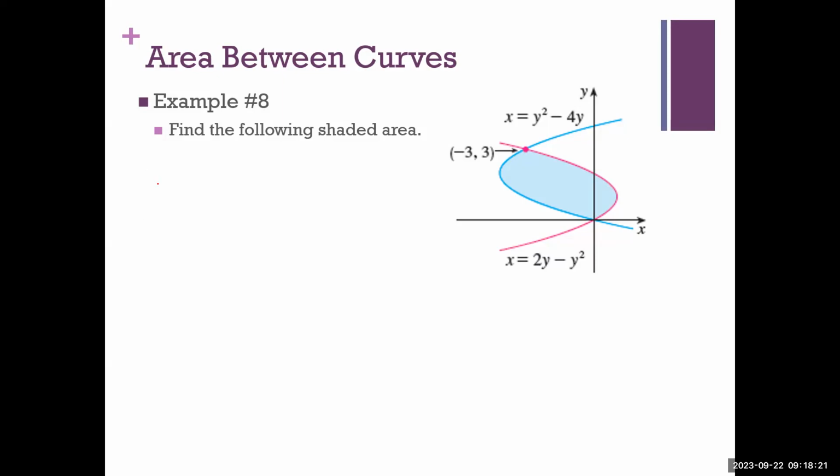Negative 3 and 0. Okay, so we know the bounds are going to be given by these points, right? Negative 3, 3, and then this is the origin. But before we talk about what the bounds are, I think we have to answer another question first. What question is that?